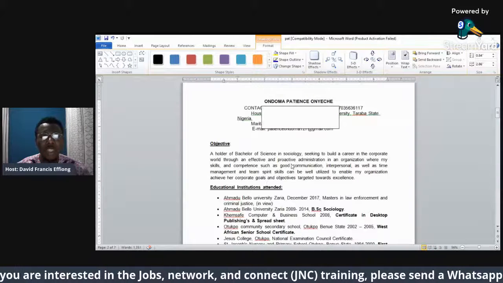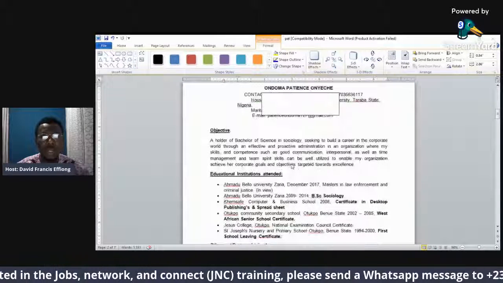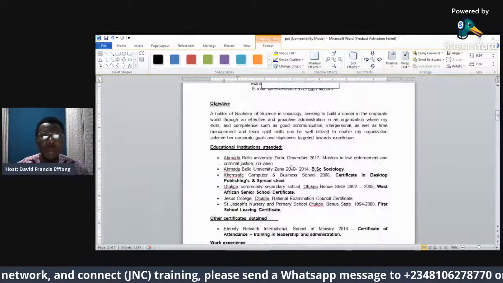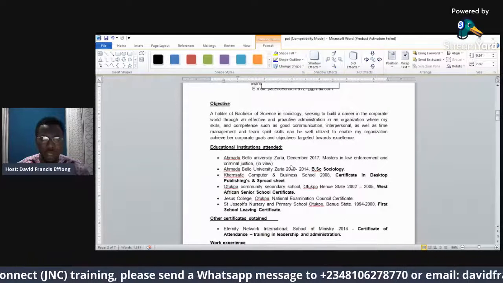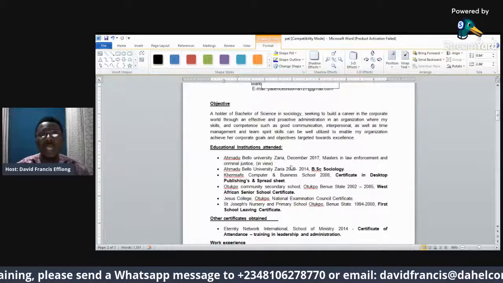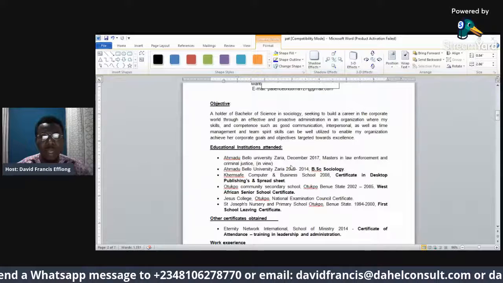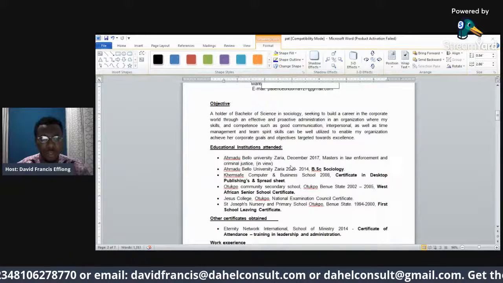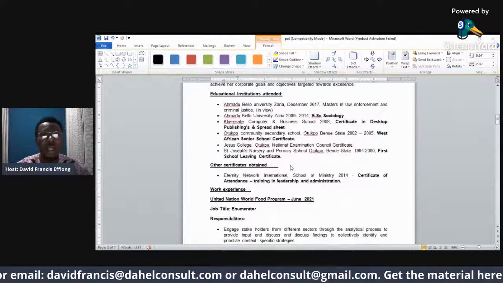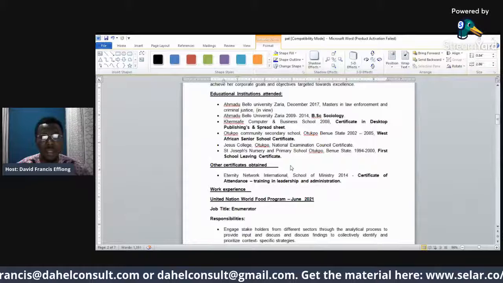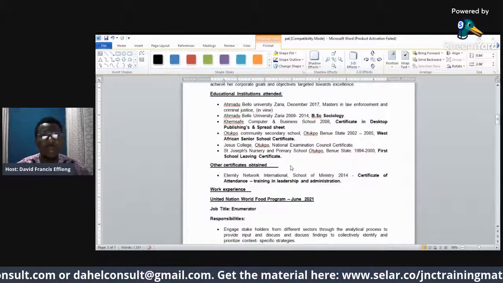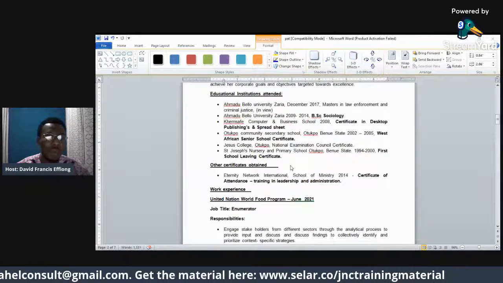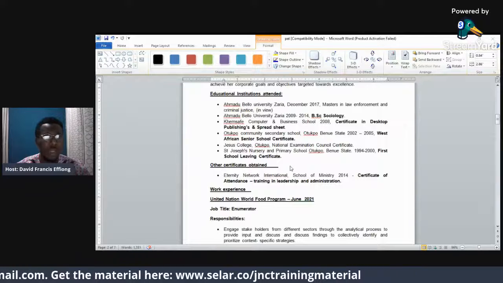And then, education institutions attended. Better still, why not use educational qualifications? Nobody is interested in the institutions you attended. They want to know the qualifications you got from those institutions. Okay. And then other certificates obtained. In some places, it will be professional certificates.